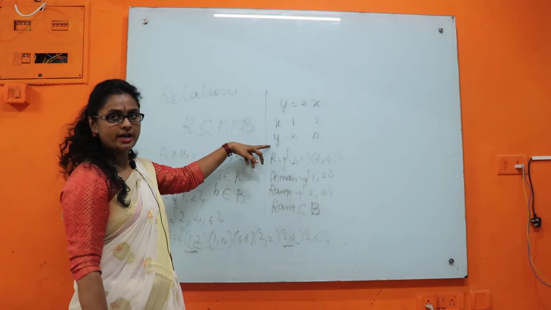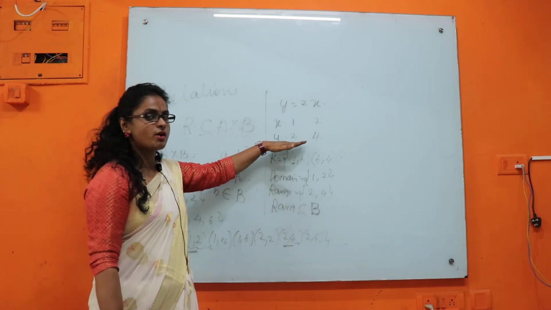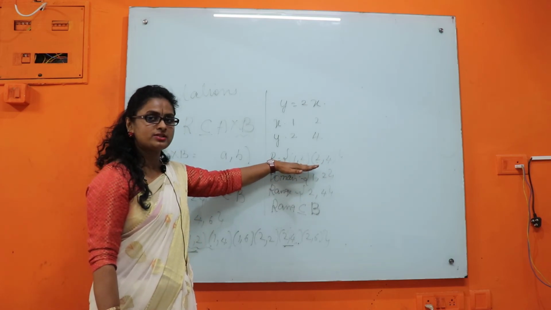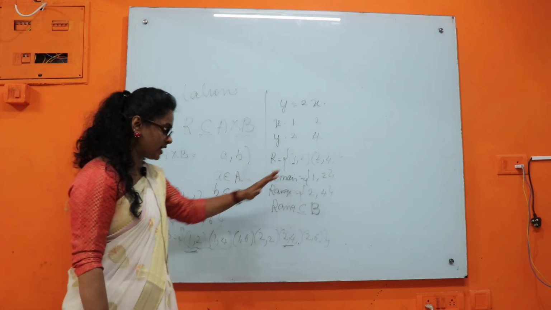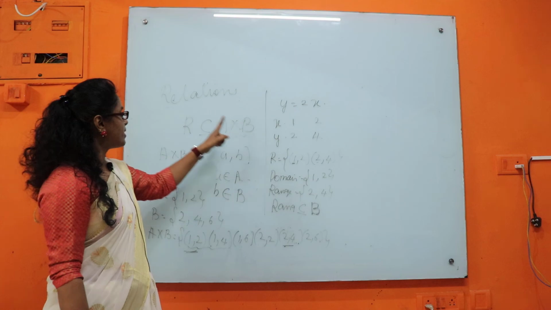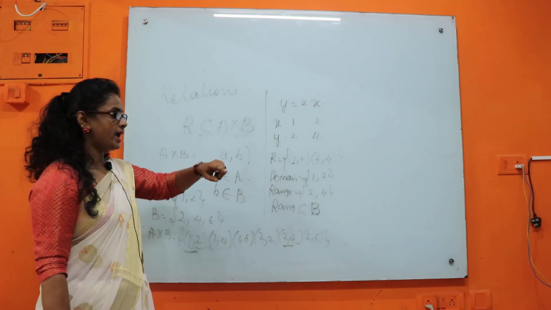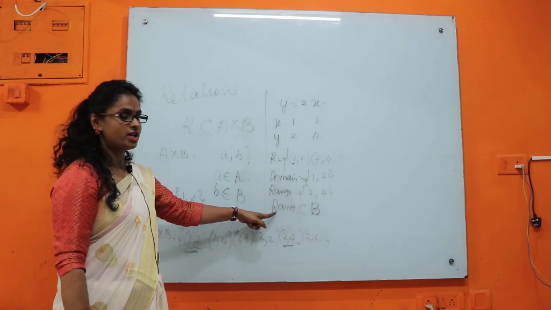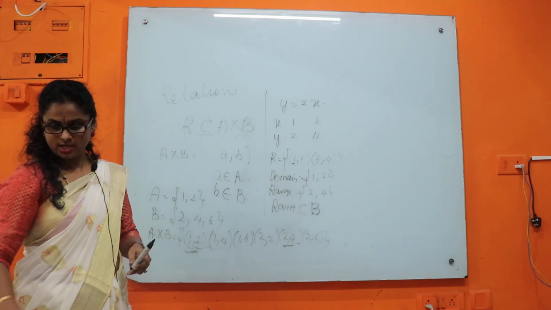Then I took the values of x from the set A and found the values of y. This is the relation which I have. After doing this, I cross verify whether these 2 elements of the relation are there in A cross B. Yes, they are. So my condition got fulfilled: R is contained in A cross B. And next, what is the domain and what is the range? And the very next thing is that the range must be contained in B, that is the second set.